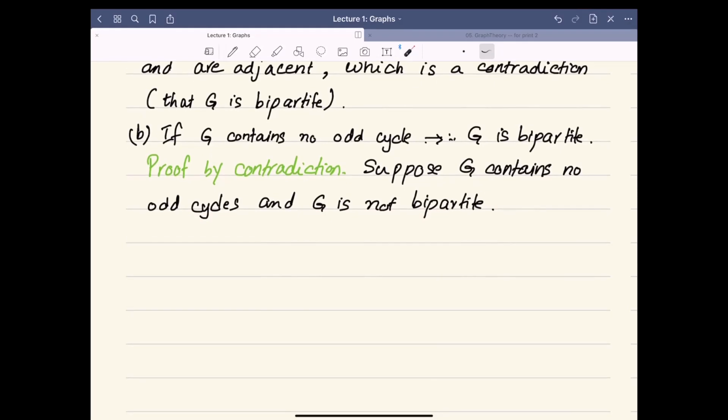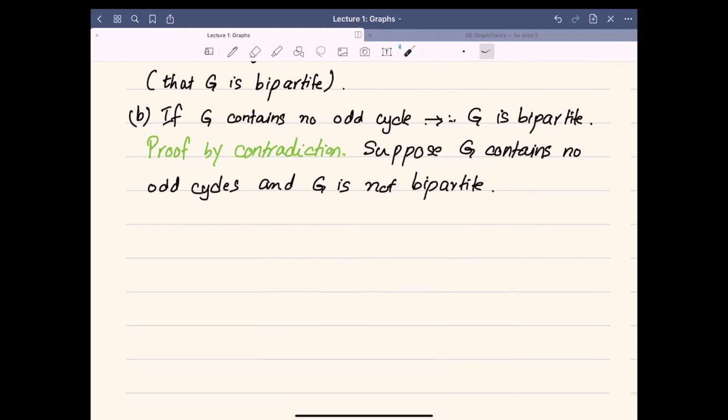How are we going to prove this part? In my proof, I need to define a distance, and by the way, this is not the only way to prove it. There are plenty of ways to prove this problem, and if you would like to see, just browse the internet, search the problem on Google, and you will see many people prove it in different ways. But the way I'm going to prove it is by first defining a distance between two vertices.